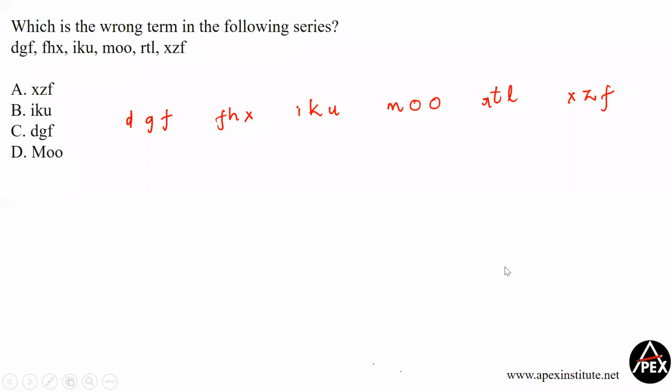D is 4, G is 7, F is 6, H is 8, X is 24, I is 9, K is 11, U is 21, M is 13, O is 15, R is 18, T is 20, L is 12, X is 24, Z is 26, and F is 6.